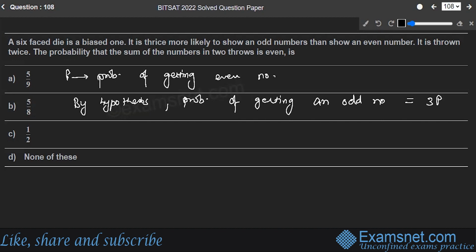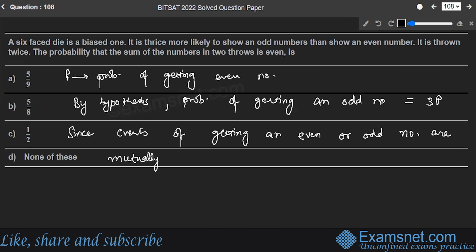Since the events of getting an even or odd number are mutually exclusive and exhaustive, p plus 3p is equal to 1, or you have p is equal to 1 by 4, right?